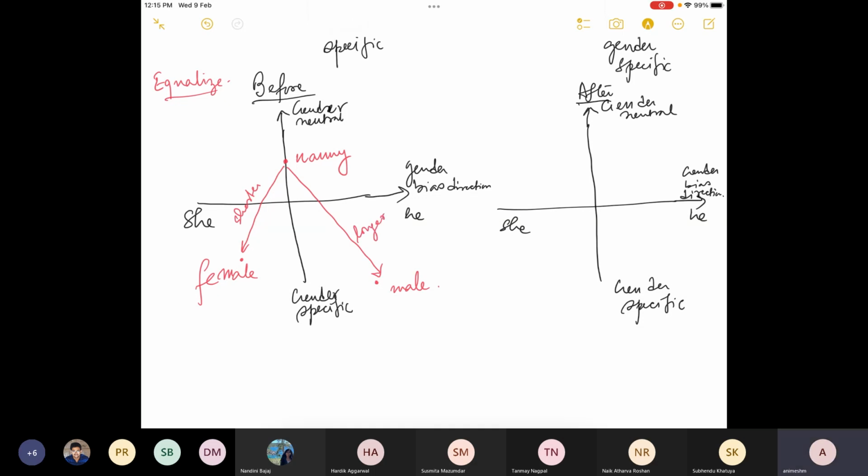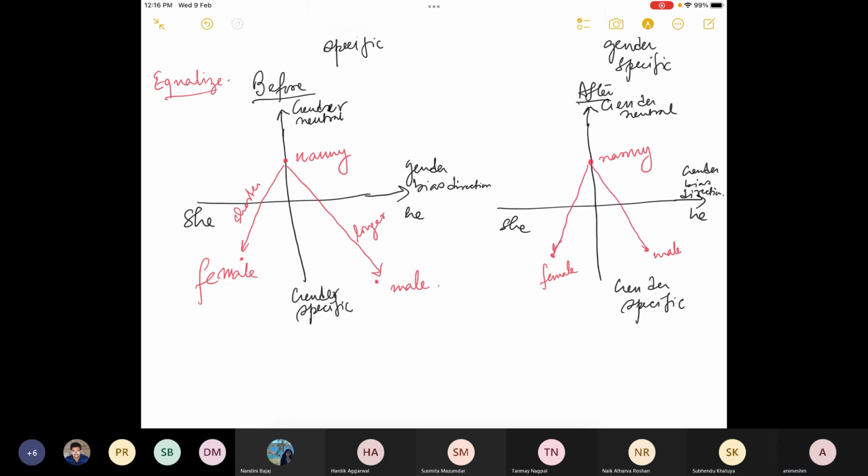So the equalize step actually tries to resolve this. So post equalization, they become equidistant.